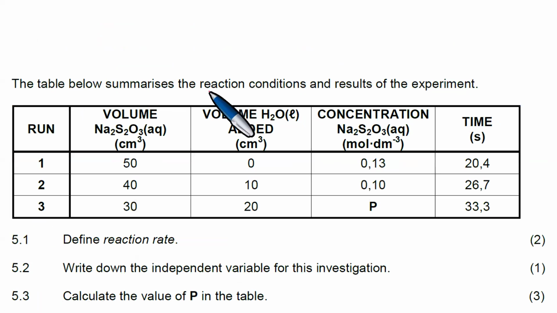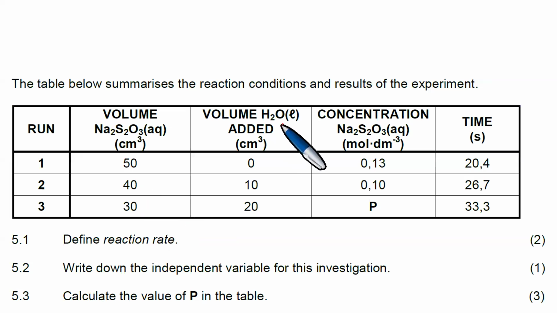The table below summarizes the reaction conditions and results of the experiment. You have run 1, run 2, run 3. Then there's volume. The volume of sodium thiosulphate, aqueous state, in cubic centimeters is 50, 40, 30. You can see a decrease in the volume from 50 to 40 to 30.